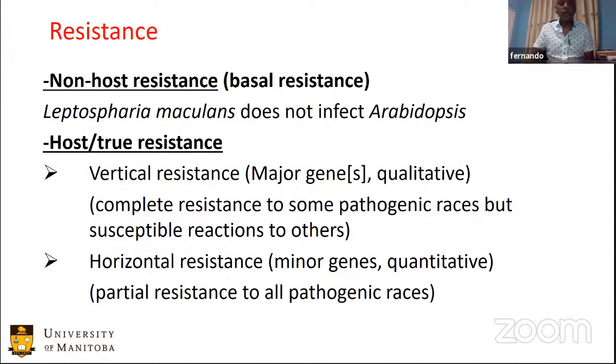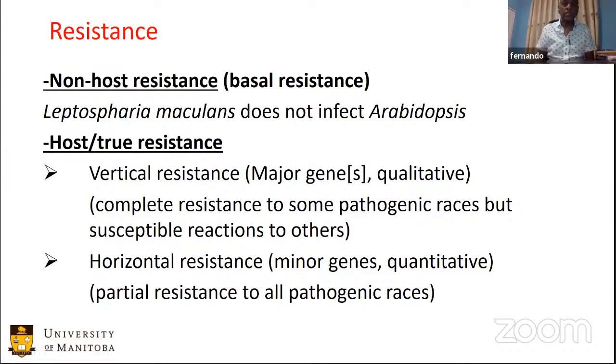But with novel technologies, AI and GWAS, it is now becoming a much more preferable resistance to incorporate into crops. Vertical resistance is by far the easiest to incorporate by breeding, and that's what I will be focusing on in my presentation today.